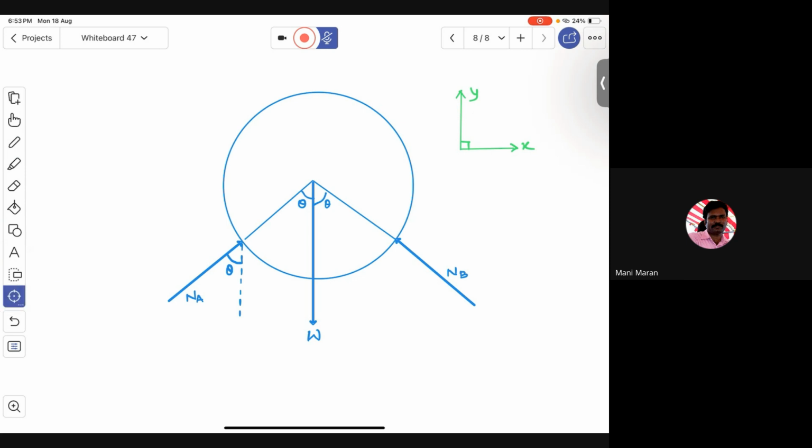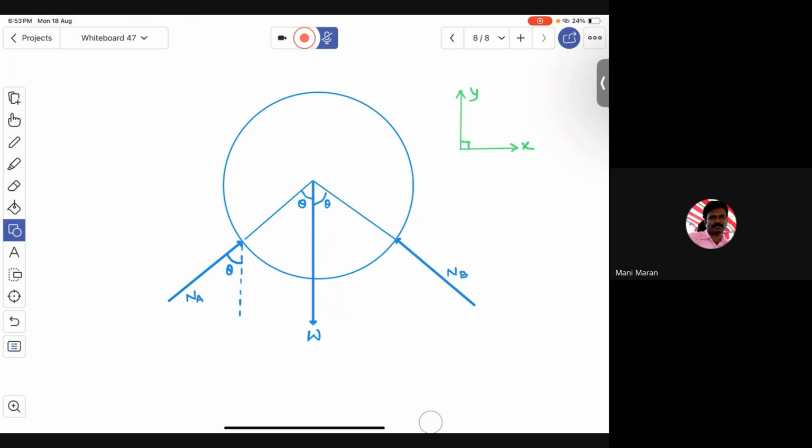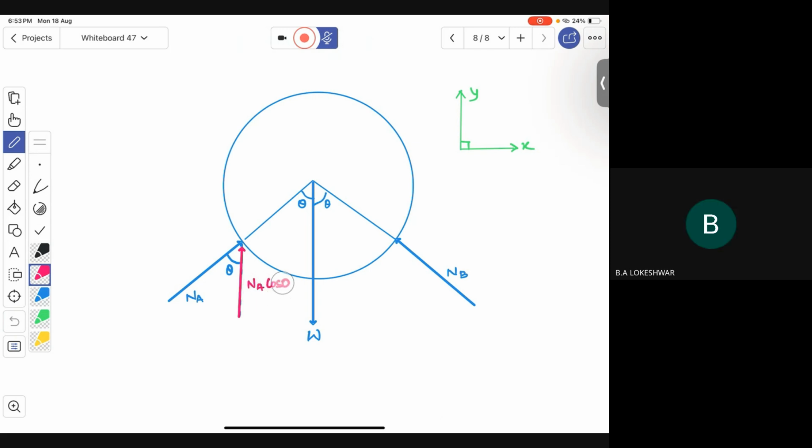So this force Na acts at an angle theta from the vertical. How much component will it have in the vertically upward direction? Na cos theta, correct? And along the horizontal direction it will have Na sin theta. All of you can tell which way these components will be.